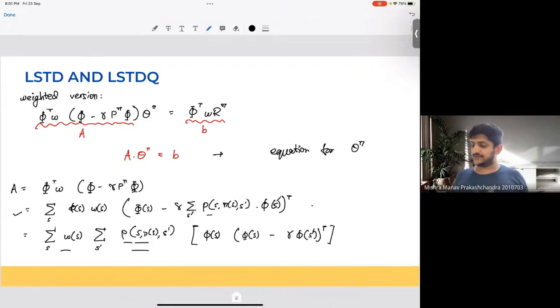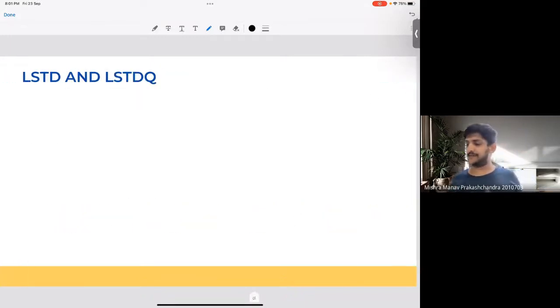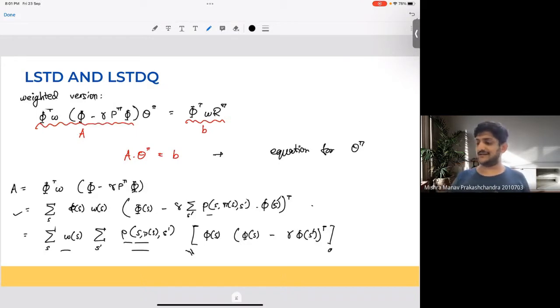Okay. Because I have written it in this notation, all I need to do is draw multiple samples of this in an online fashion and take an average of that to get an estimate of A tilde. And similarly, if I want to do it for B tilde, again, I can represent it in this manner.